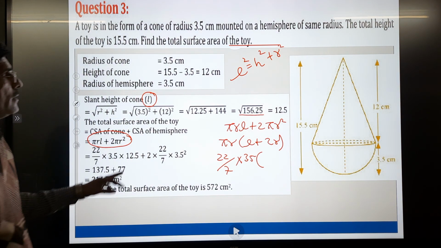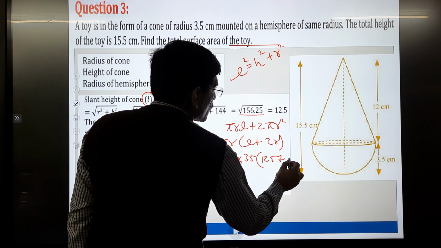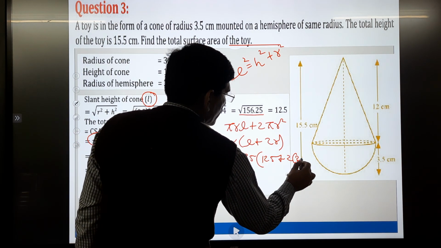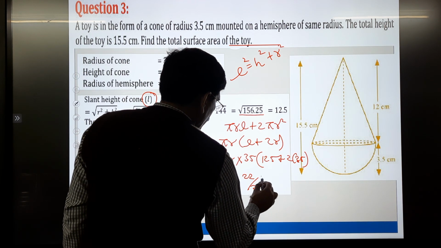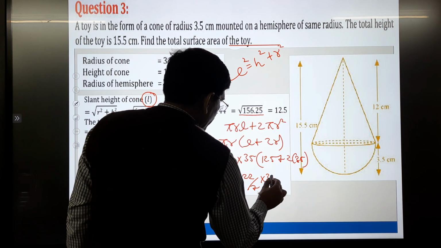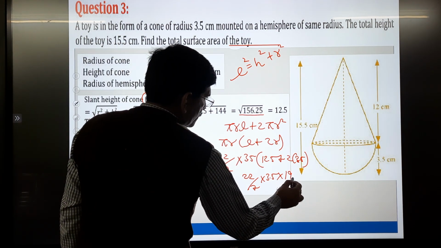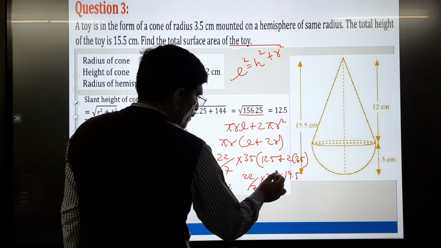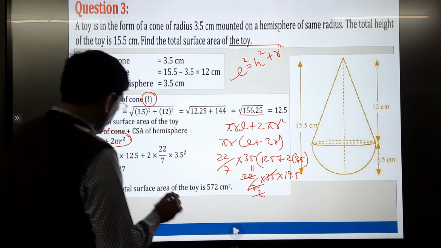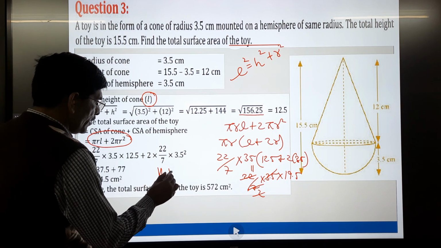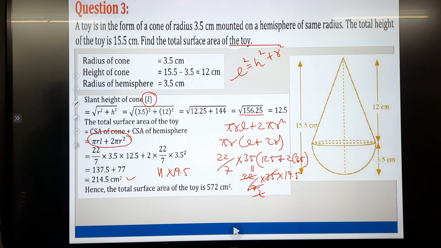The value of L is 12.5, twice 3.5. So 22 by 7 into 3.5 into 19.5. So 3.5 into 22 by 7 gives 11. So at last we have 11 into 19.5, and we will get the same answer.